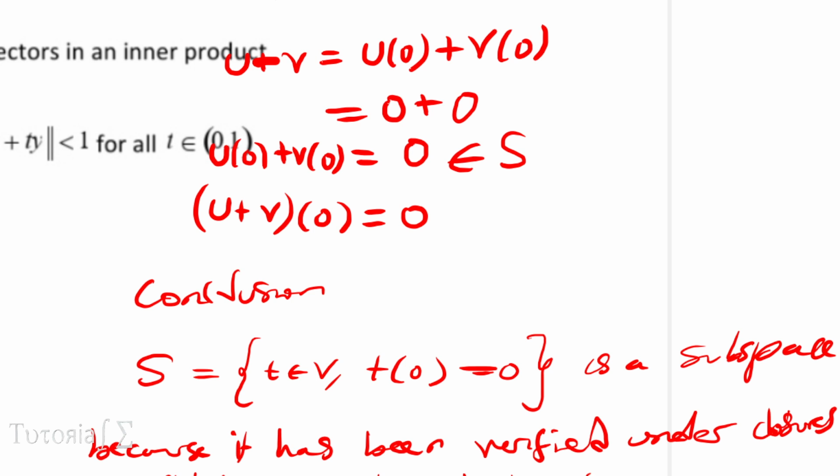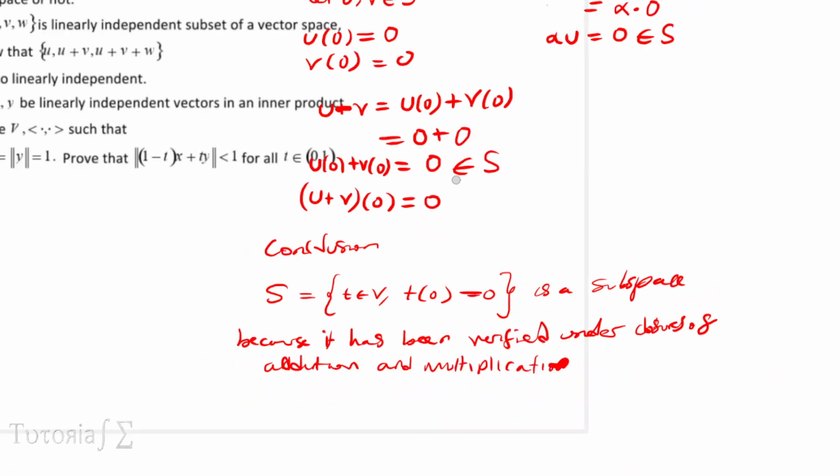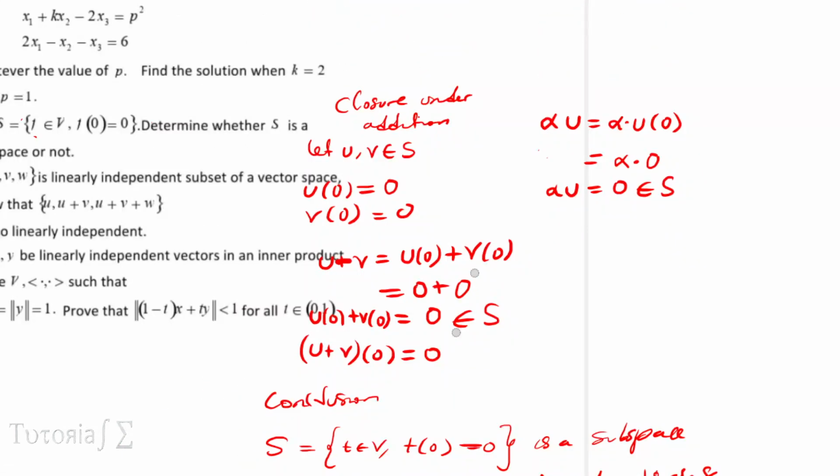The main idea is when we use the closures, are they maintaining the definitions given? For instance, we use closure under addition here. Was it able to maintain the definition? We use closure under multiplication. Was it able to maintain the definition? Here we see that they were maintaining the definition, because when you multiply a vector times u, you're still getting a 0.